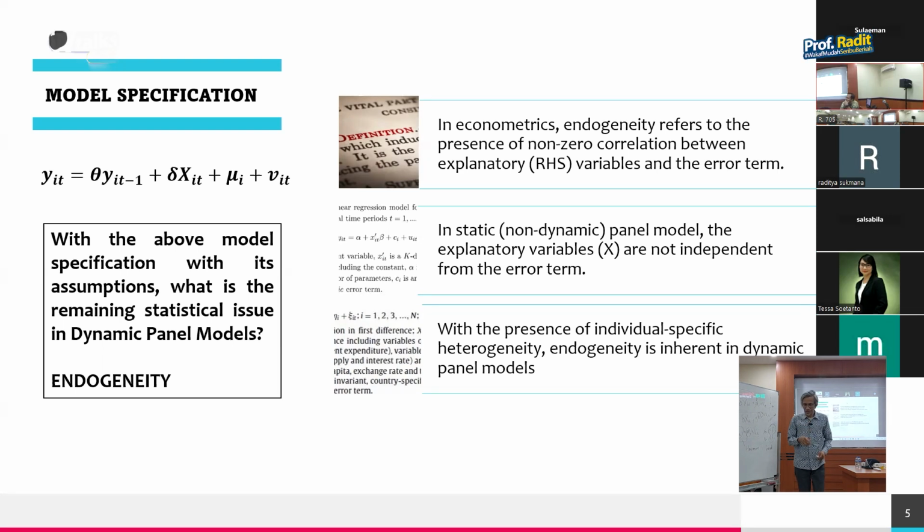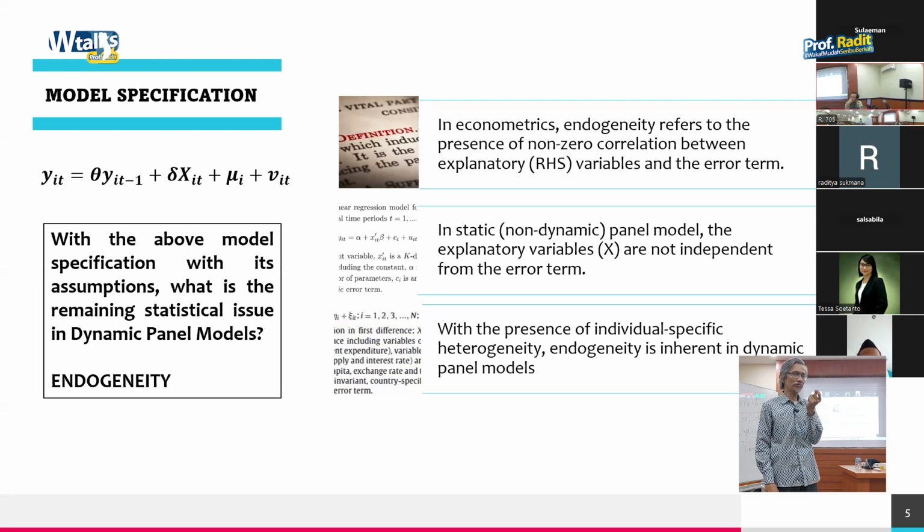And that's why, when you read articles, try to pay more attention to whether the authors use fixed effects for dynamic panels or not. You see some still use fixed effects. Why? Because of that argument that if T is large, the bias is minimal.